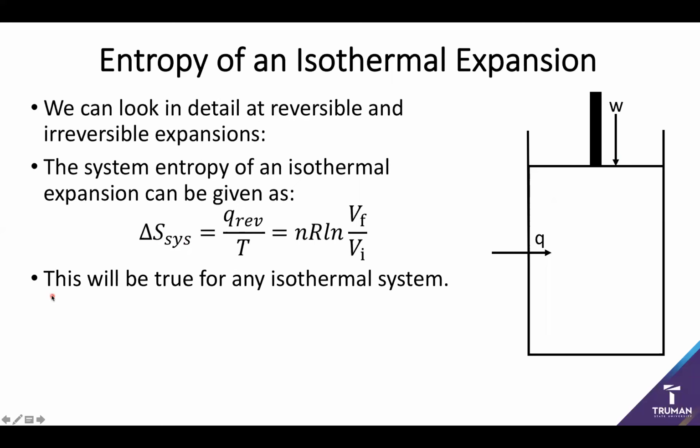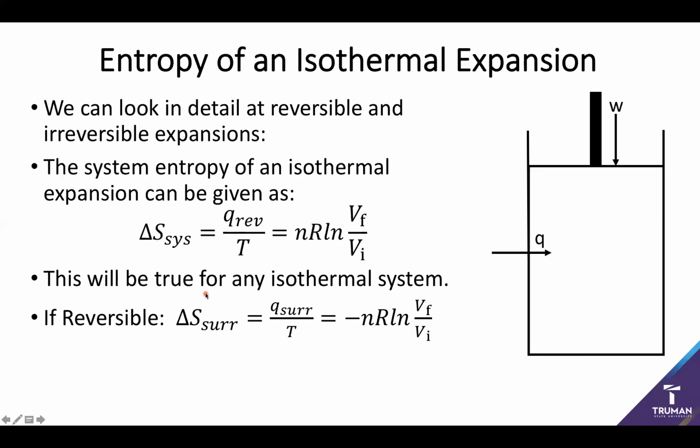And one of the nice things is that while we've proved this for a reversible system, this reversible heat is part of the definition of the entropy of the system. So this actual expression is going to be true for any isothermal system. So any sort of isothermal expansion or compression will always have this description of the entropy of the system.